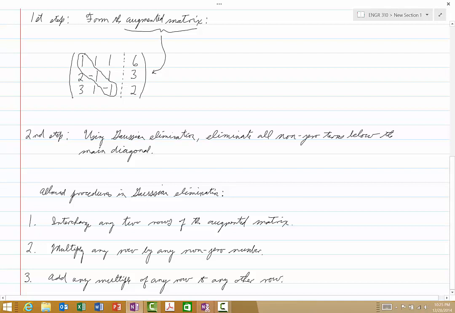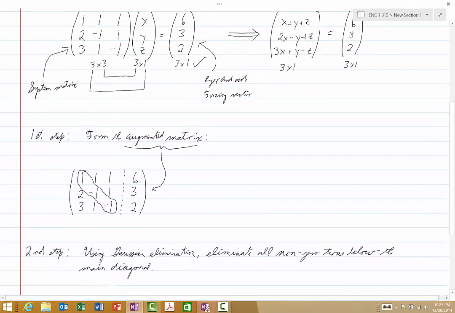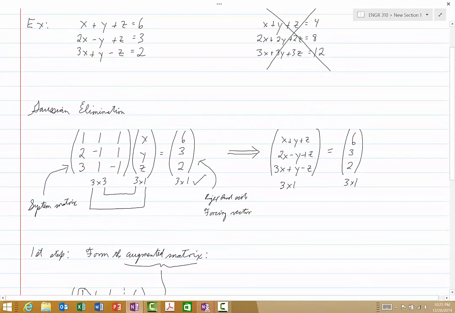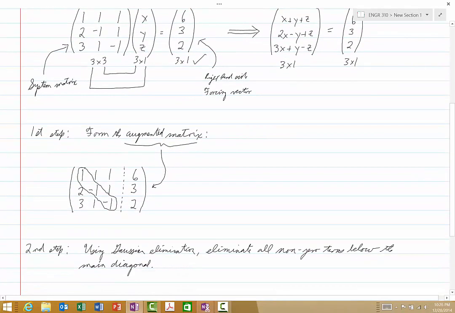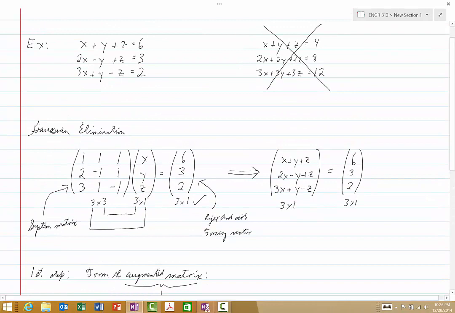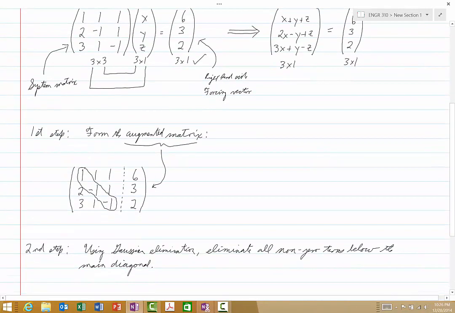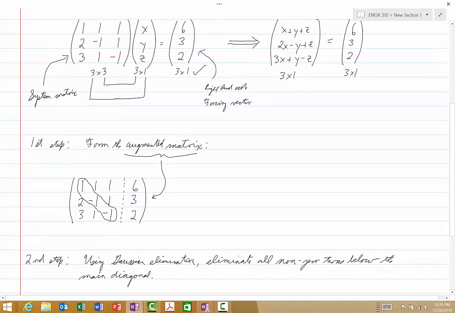I mean, just remember that each row of the augmented matrix simply corresponds to one of your equations. Here are the equations up here, and here's the augmented matrix, and you can see that x plus y plus z equals 6. Well, that's just represented by this first row, 1, 1, 1, and 6.